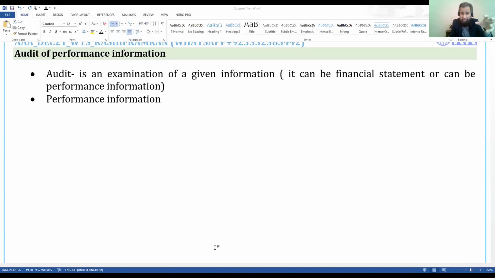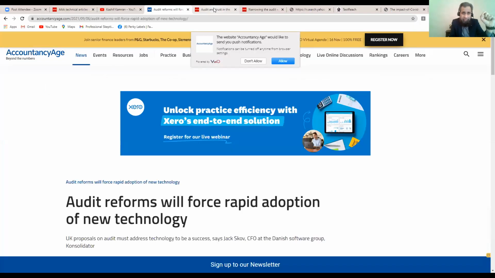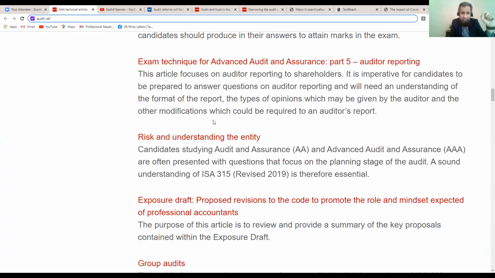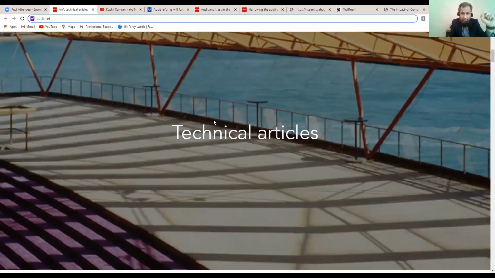Now, the important thing is what exactly is the performance information? Because we are auditing the performance information currently, we should be clear what exactly it is. Let's see what performance information is. Let me take you to the articles on the website. Can you all see the AAA articles here in front of your screen? Tell me.